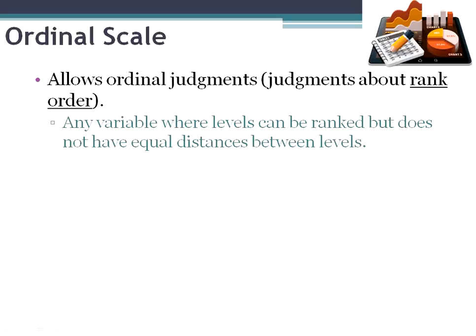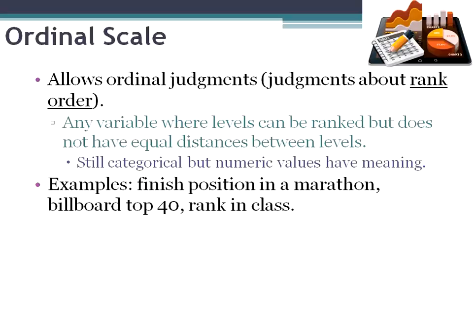Morning would be 1, afternoon would be 2, evening would be 3, and those numbers do have some level of meaning to them. You can think of rank in class, these kinds of things. So they're categorical, but these values have meaning, and they typically indicate rank order. However, the numbers themselves are arbitrary. I could have made morning 25, afternoon 50, and evening 75.